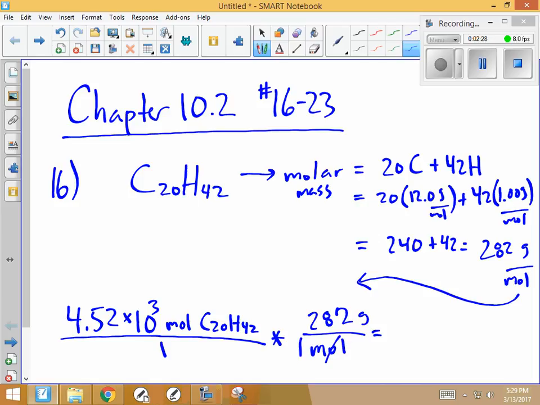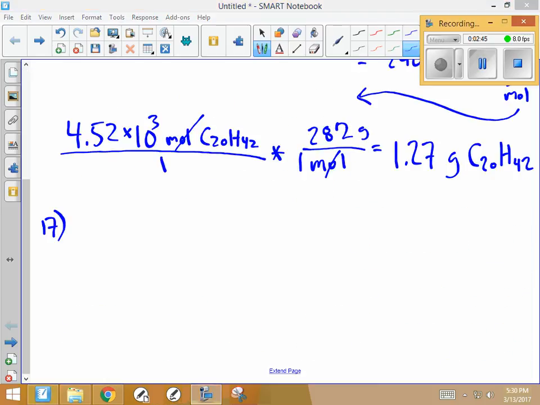That mole cancels. Now we're just left with 282 times 4.52 times 10 to the negative third, and the answer is 1.27 grams of C20H42.